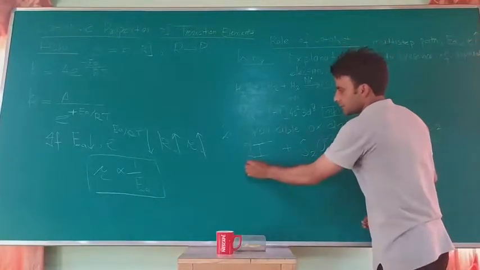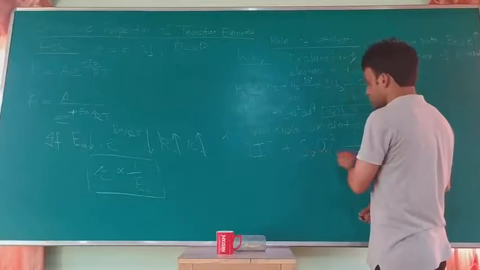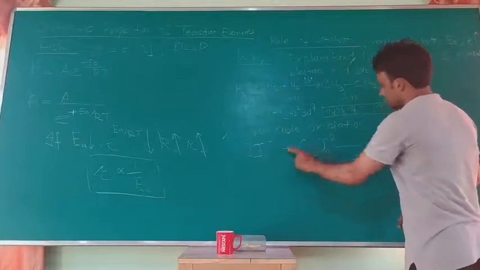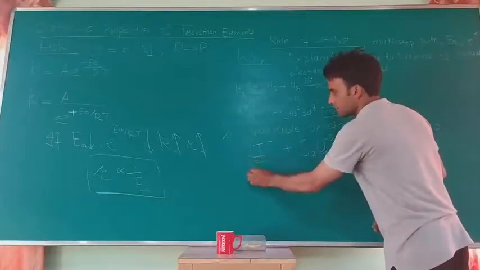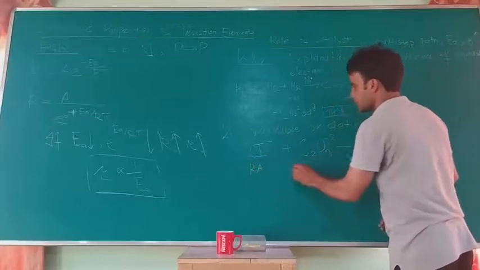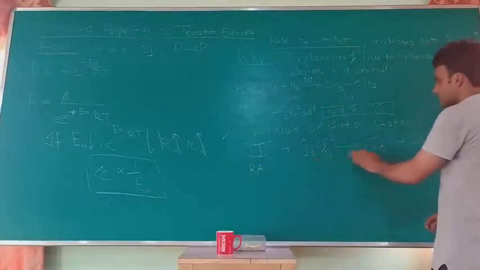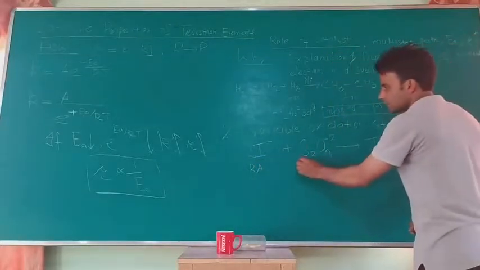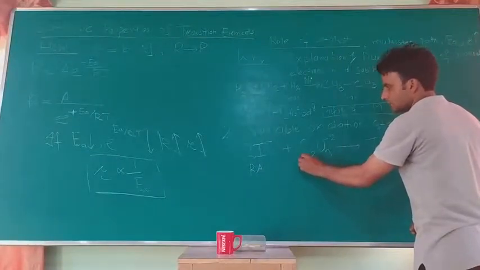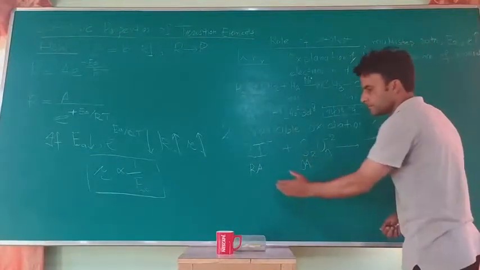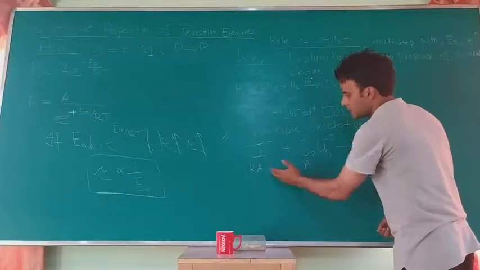Iodide in this reaction undergoes oxidation, so it will act as a reducing agent. Thiosulfate ion in this reaction is reduced, hence it will act as an oxidizing agent. So it is a reaction basically carried out between a reducing agent and an oxidizing agent.